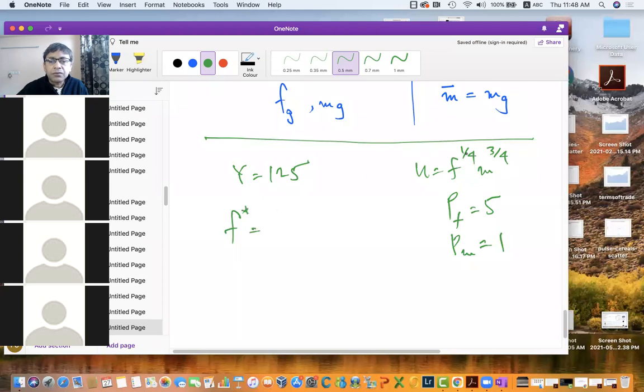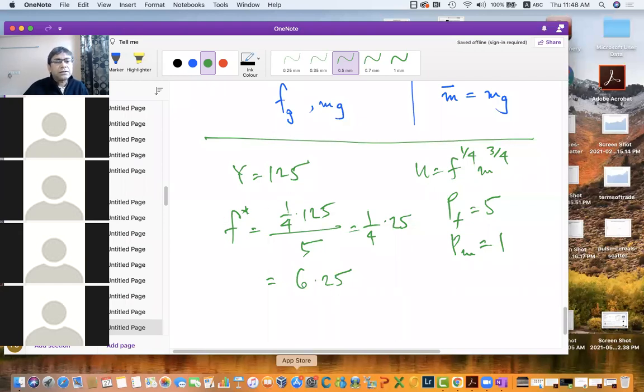It will be 1/4 of 125 divided by the price of food, which is 5. So 1/4 of 25, which is 6.25. And now the in-kind grant is 5 kgs, which is less than this.